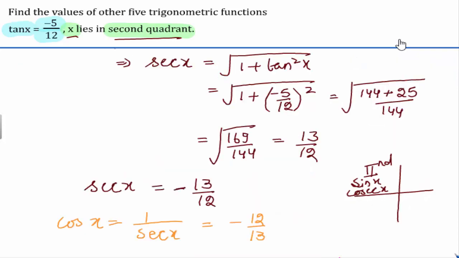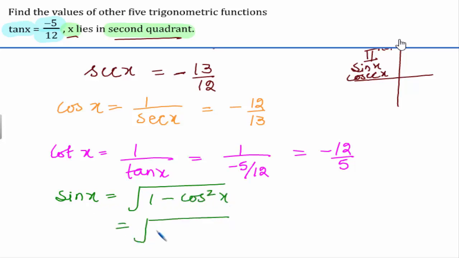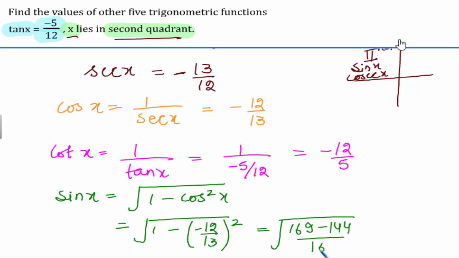Now we have to find sin x. Sin x is equal to square root of 1 minus cos square x. So this is equal to square root of 1 minus (minus 12 upon 13) whole square. So this is equal to square root of (169 minus 144) divided by 169.